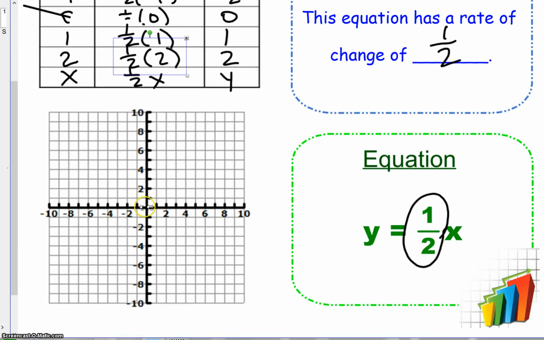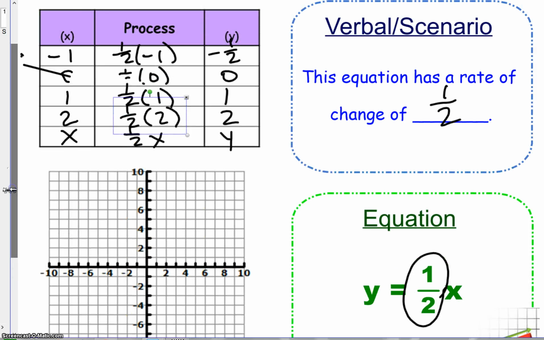You have -1, and then you go down to -1/2, put a dot. Then you have your origin, 1, and then go up to 1/2. I lied to y'all, that's 1/2, sorry guys. 2 would be 1. So there's your graph, that's what your graph looks like.